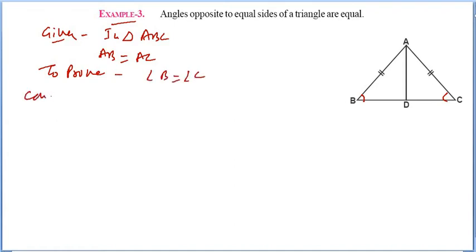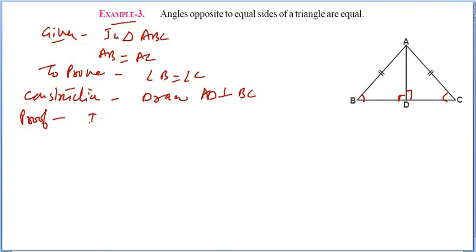Now construction: draw AD perpendicular to BC. So that means the angle is 90 degrees. Now prove. How can we prove this?